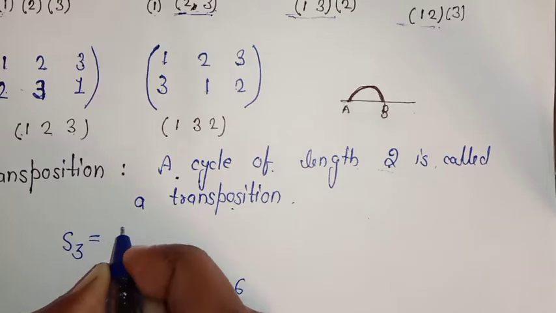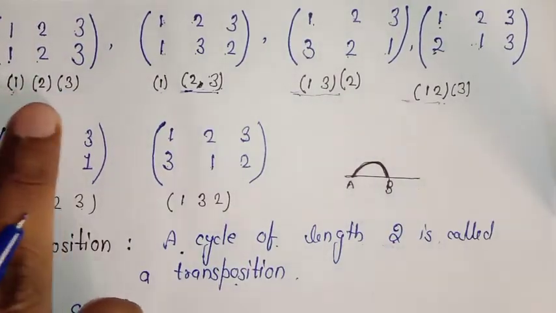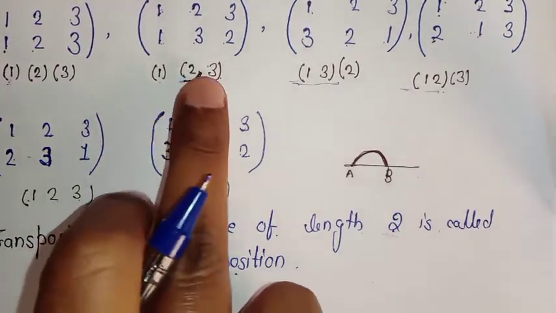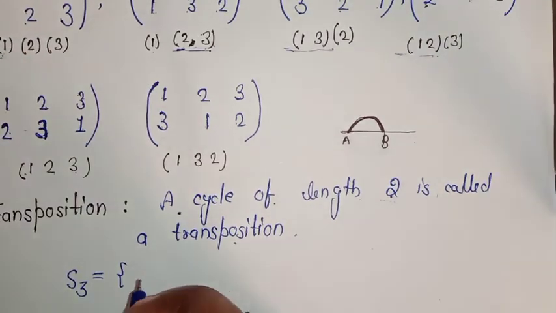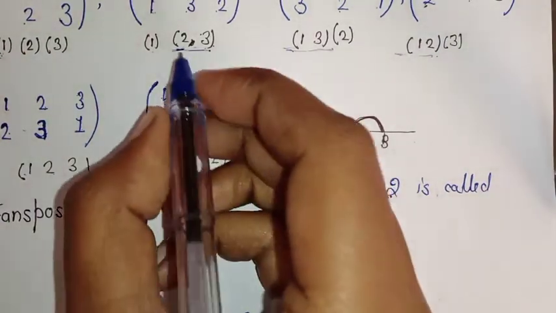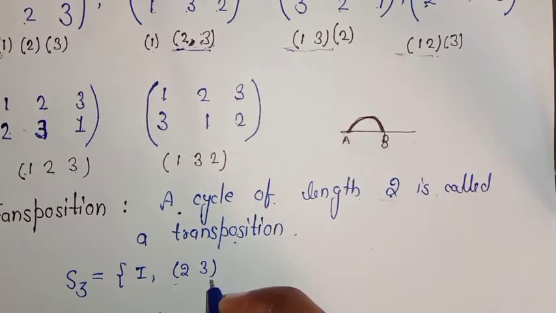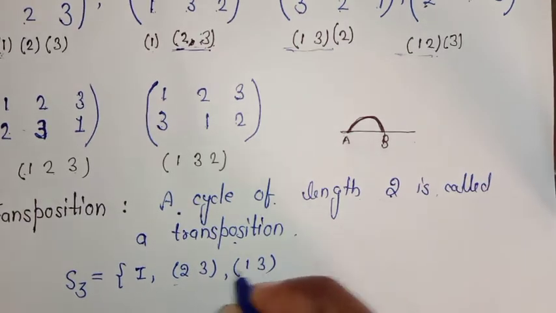And if we write the elements, we have no need to write the cycle of length 1. Okay, so we will write the cycle of length 2 only. This is our identity, so we write it as I. And this is a cycle of length 2, so I will write (2 3). This is a transposition, and this is (1 3). This is the third element of S3.